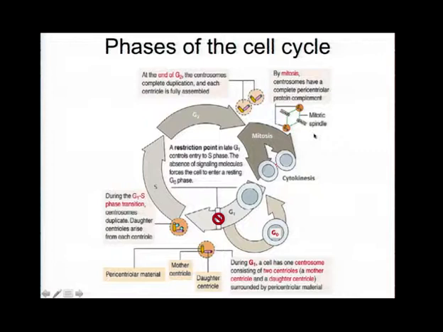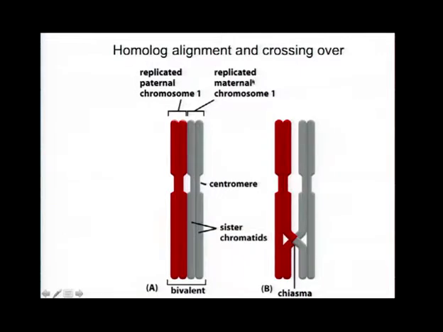Bog standard. What I'd like to do is contrast and compare mitosis with meiosis in terms of what you have to get your head around. And the first thing is homolog alignment. Now, during mitosis, we have homolog alignment.